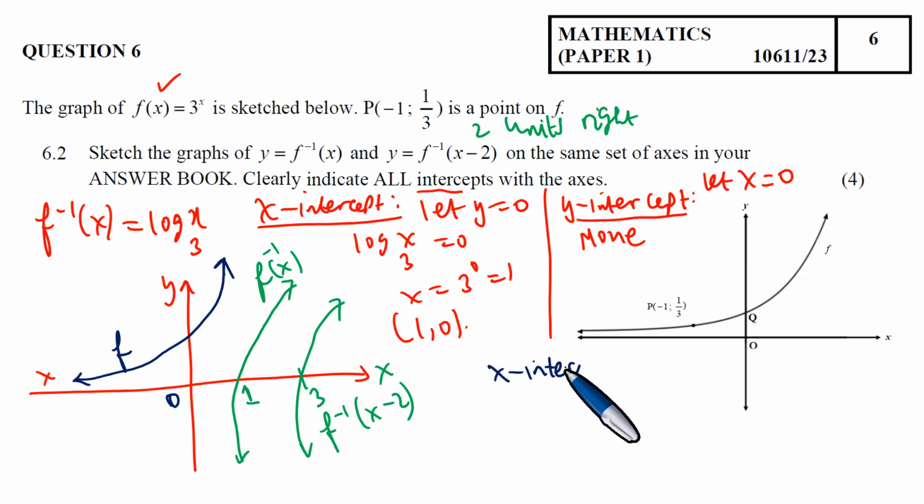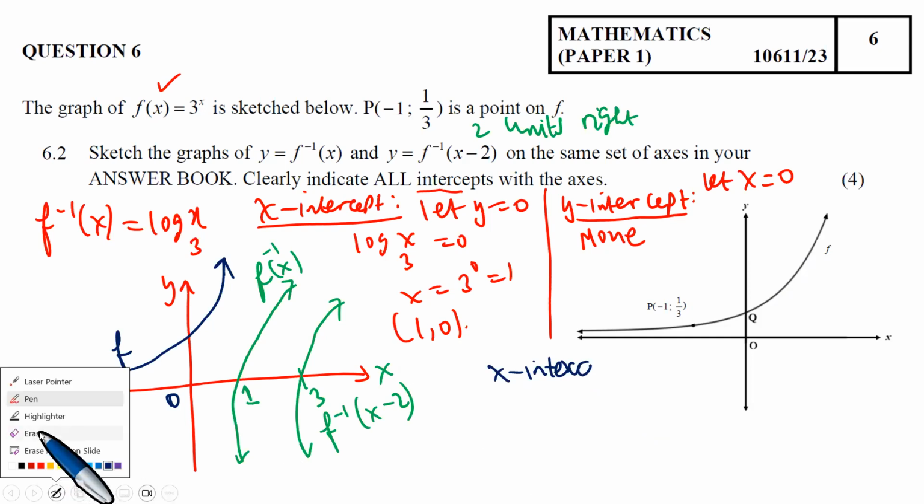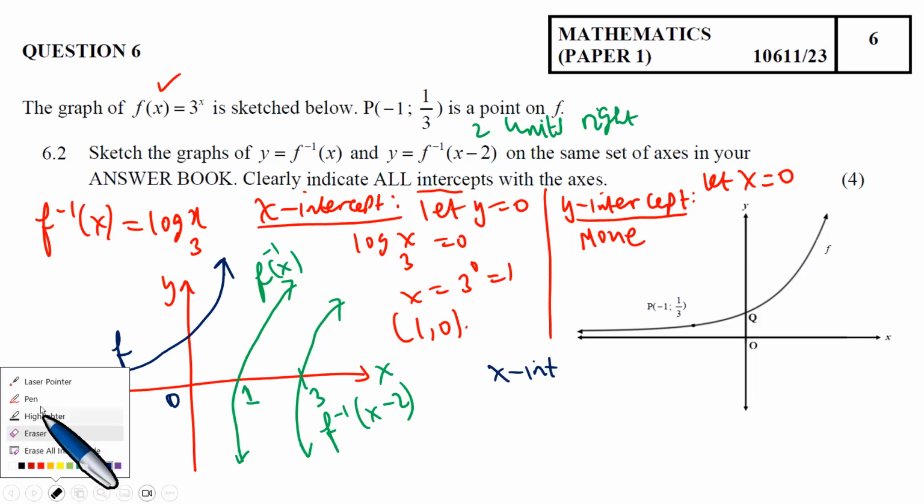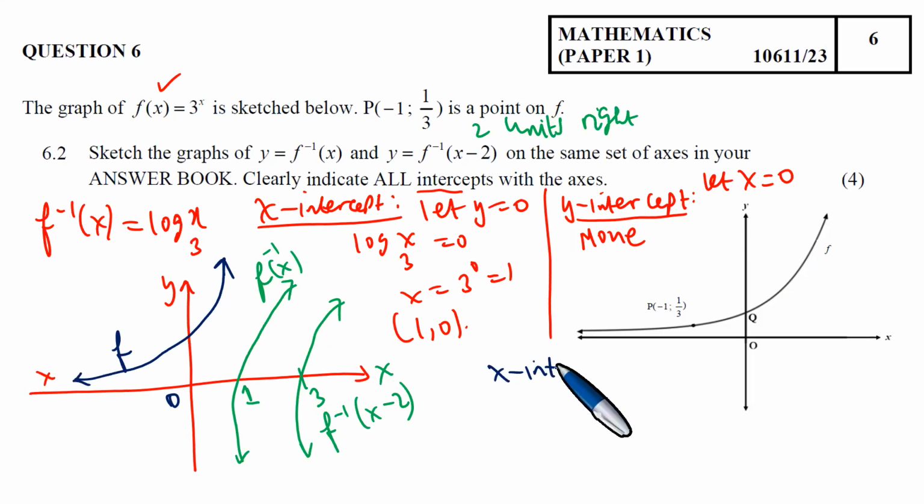The x-intercept, so you can also calculate the x-intercept of the other graph here. I did not calculate it because if you can draw one graph, then if you subtract from x, you can just move the graph to find the graph translated by 2 units.